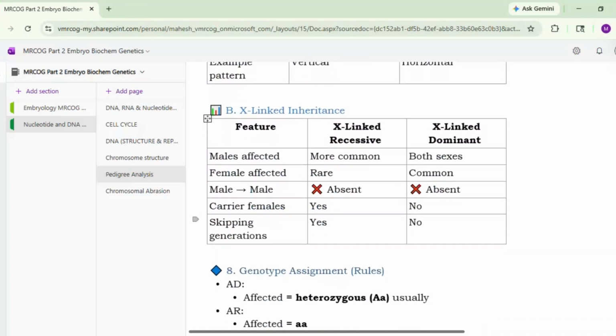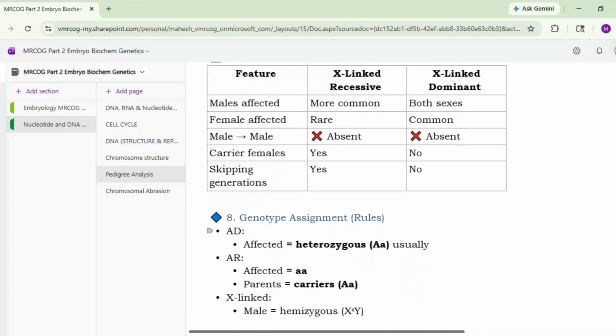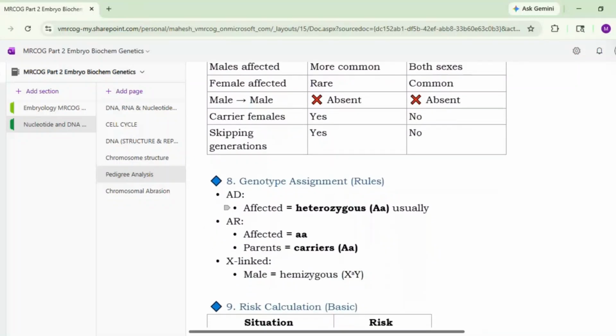Now coming to the genotype assignment, how the genotypes are assigned. When you have autosomal dominant, the affected is denoted as AA. Even in homozygous or heterozygous state, this will have the affection. Even if there is a small a present, autosomal dominant is shown as affected.